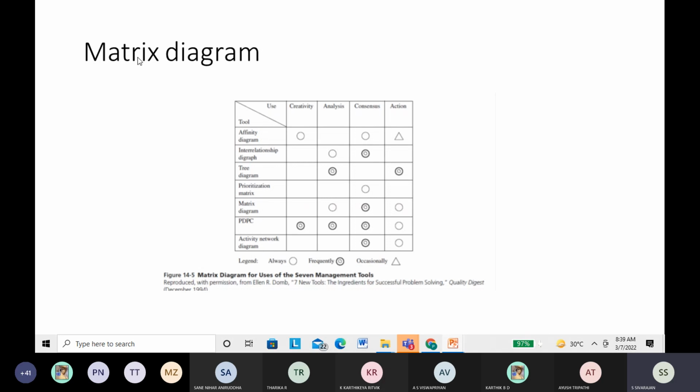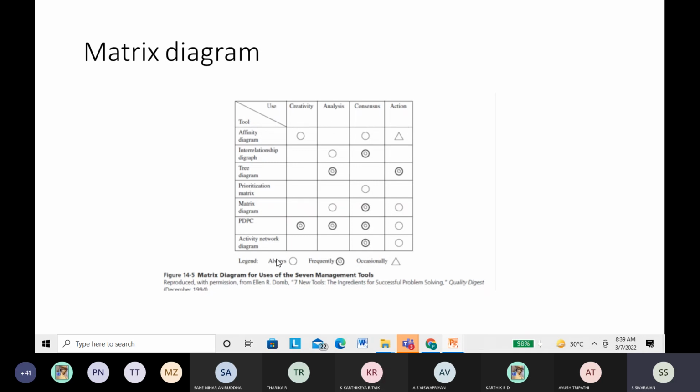Now we are going to have a matrix diagram. You have some criteria, like creativity. Our idea is to analyze the seven management techniques by means of a matrix diagram. Generally we can have criteria such as creativity, analysis, consensus, action.